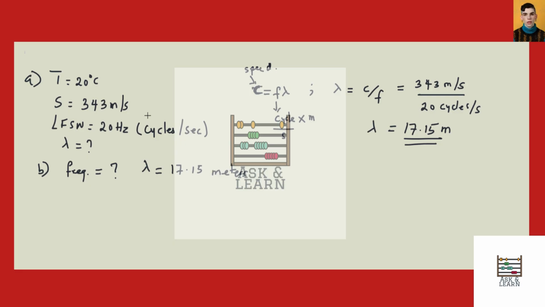We will say that f, which is the frequency, is equal to c over lambda. It's just the same equation we have here; we just made f the subject of the formula. And if we're talking about electromagnetic radiation, that is more or less light, and the speed of light is 3 times 10 raised to the power 8 meters per second.